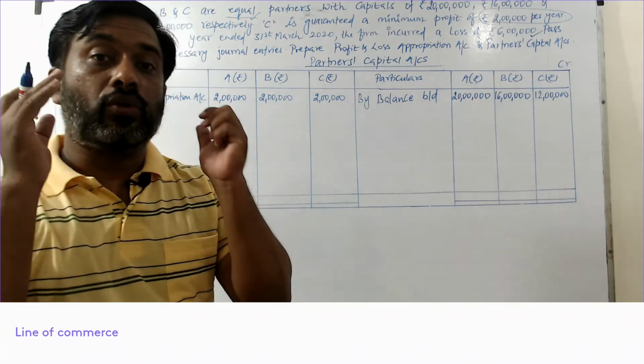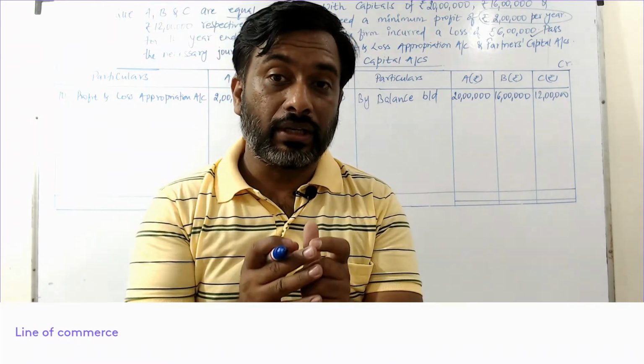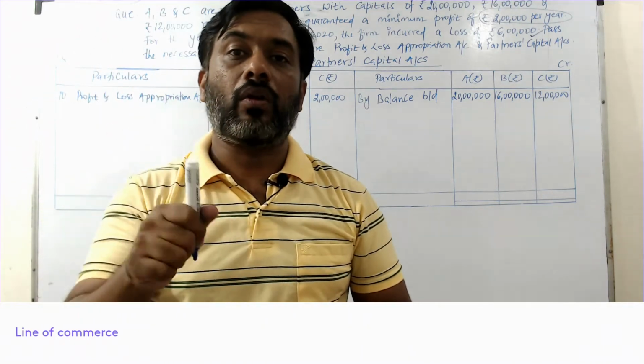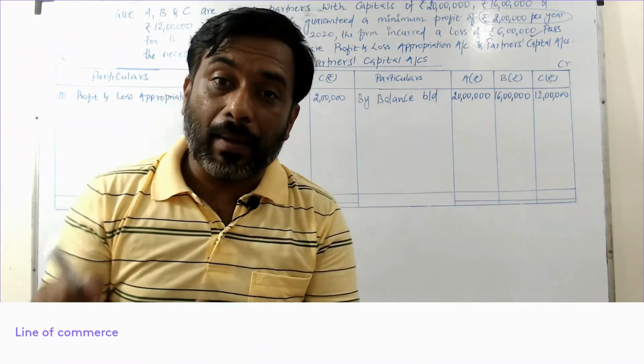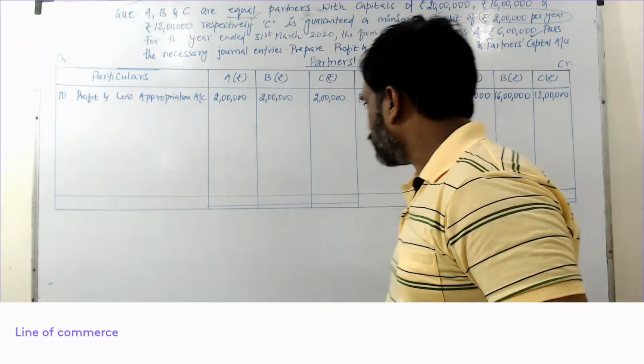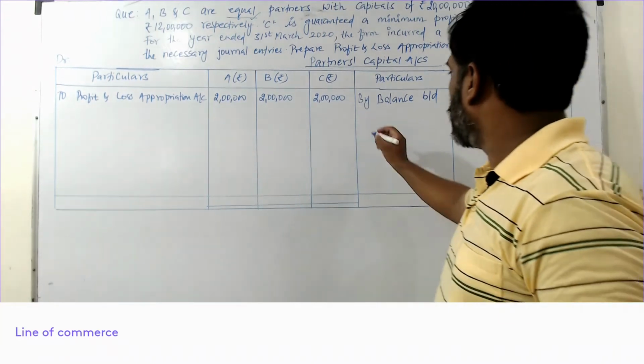Now we need to adjust our deficiency. What was the journal entry for that? A's capital account debit 2 lakh rupees, B's capital account debit 2 lakh rupees, to C's capital account 4 lakh rupees. Now what you will do in the credit side, C is getting. So in the credit side what you will write?